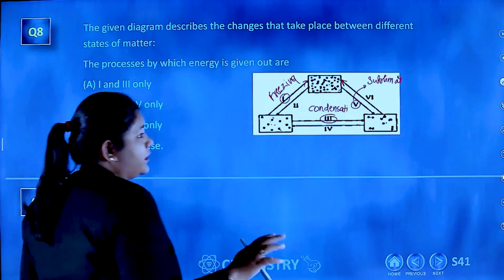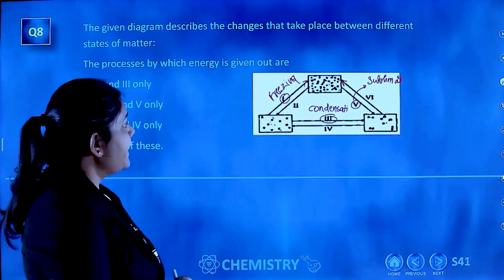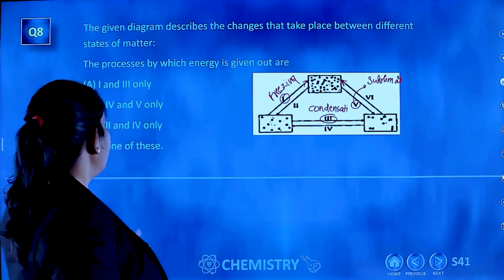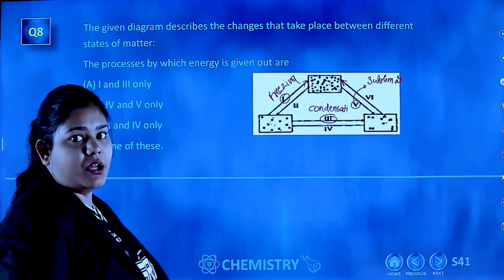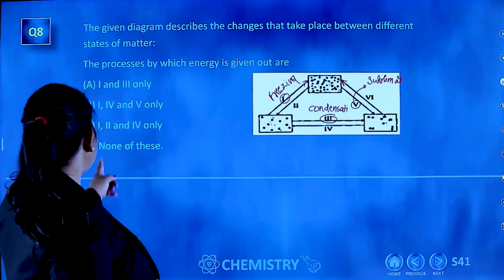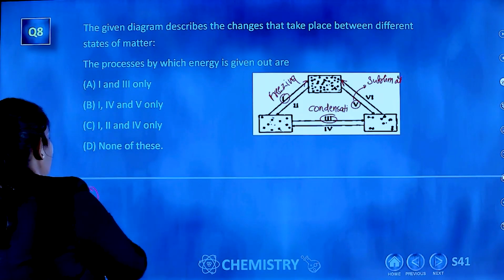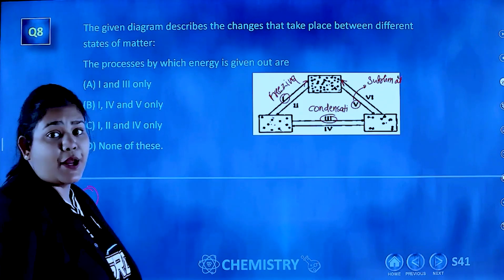So the answer should be 135. So option D. There is a little difference in the arrows, but the answer will be the same.